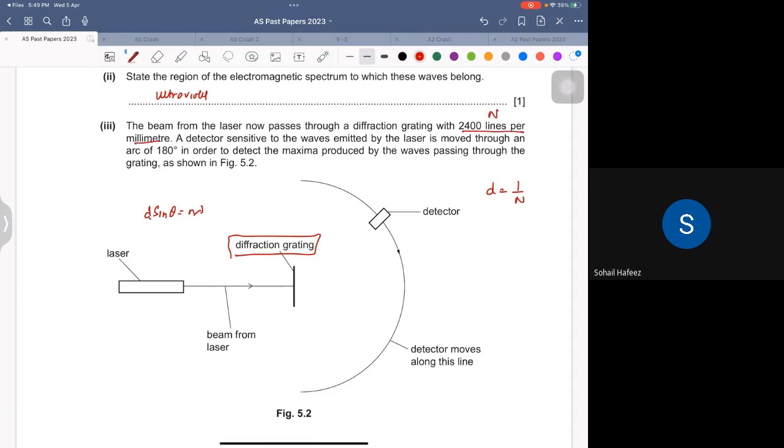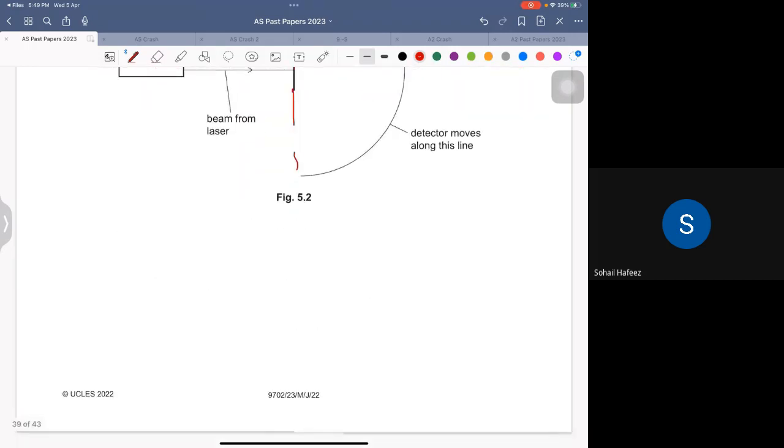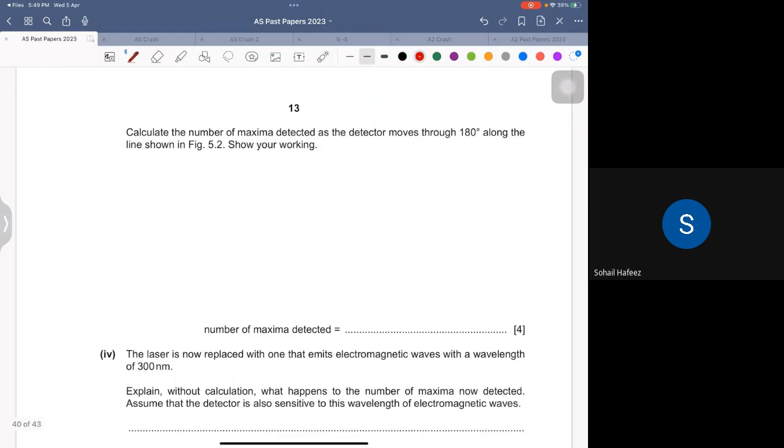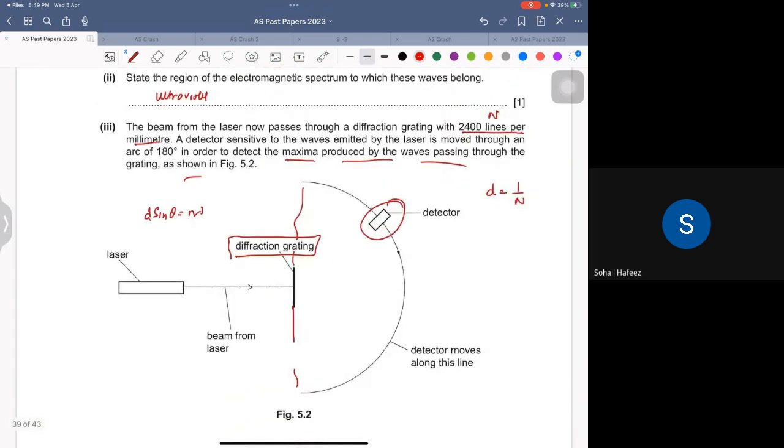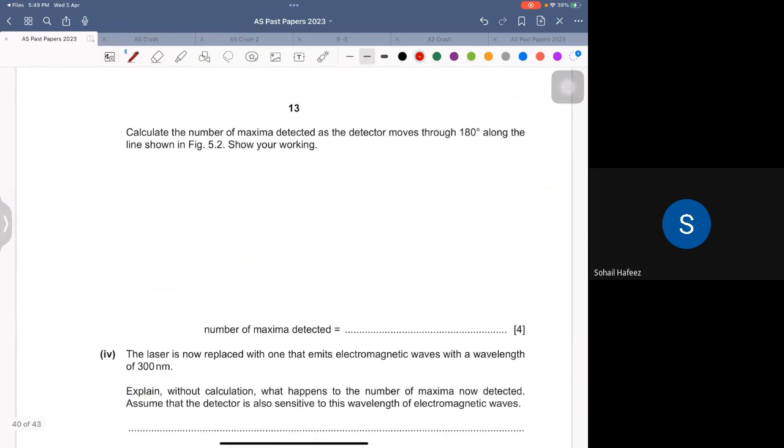The detector moves through 180 degrees, starting from here, in order to detect the maxima produced by waves passing through the grating. Calculate the number of maxima detected as the detector moves through 180 degrees. So basically he's talking about all the orders. If you're talking about all the orders, it means sine theta should be taken as sine 90.